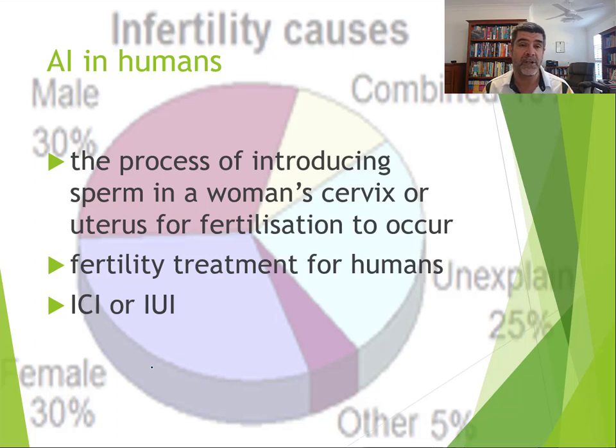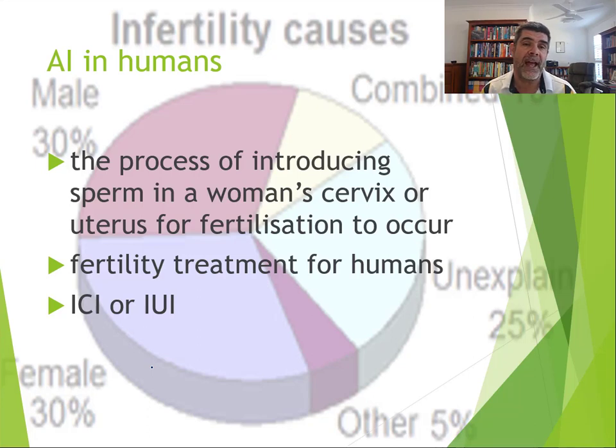Particularly good in either overcoming issues of infertility or preferentially selecting characteristics that are favoured, but it does have those other issues associated with potentially reductions in biodiversity. This is just the first one.